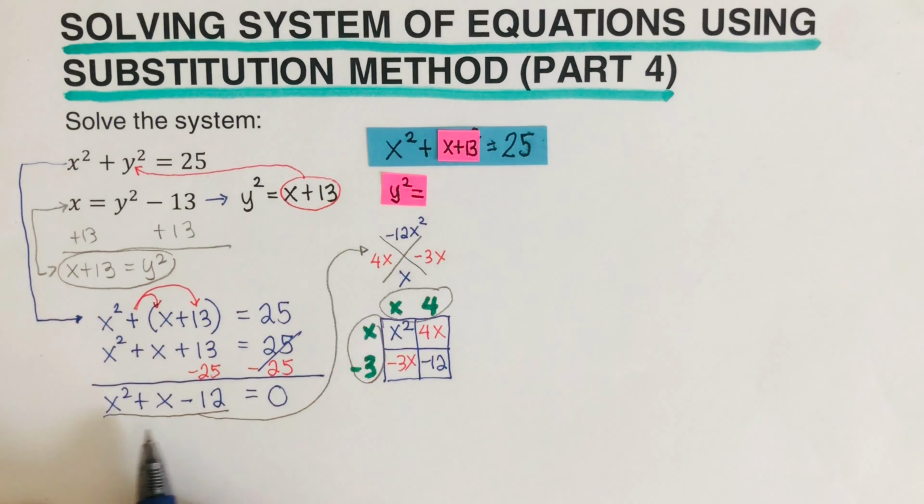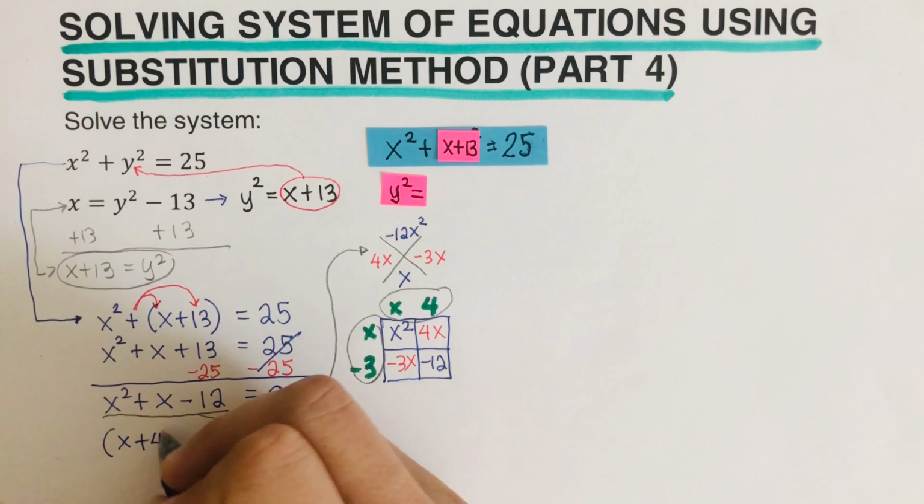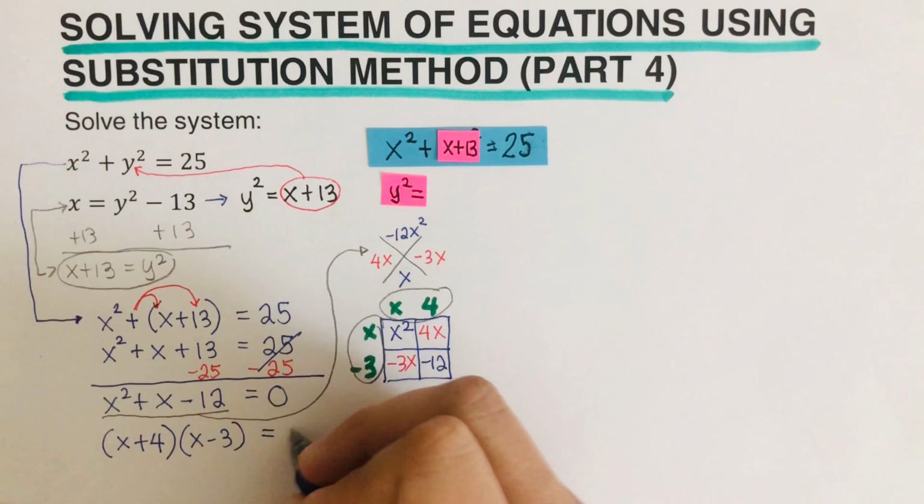Okay, so the factors for this would be x plus 4 and x minus 3 equals 0.